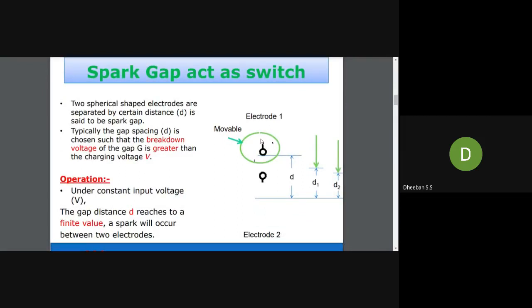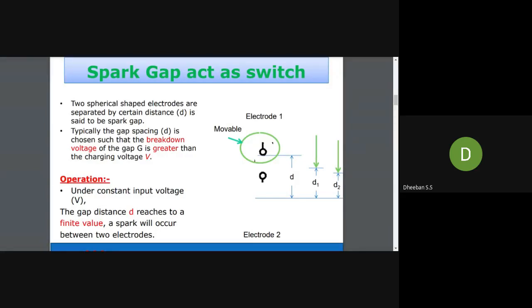For the generation of a very high impulse voltage, you will make use of a spark gap. So first you have to know what a spark gap is. A spark gap is nothing but two spherical electrodes. It is similar to a capacitor. In a capacitor, you have two electrode conducting plates separated by a dielectric medium.